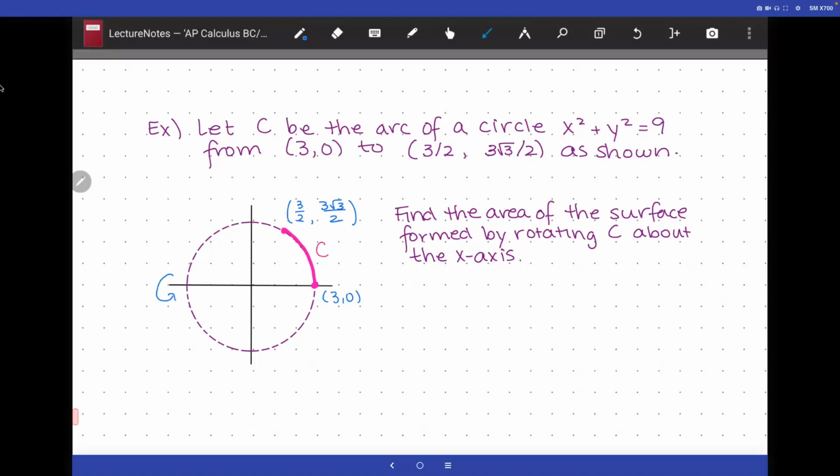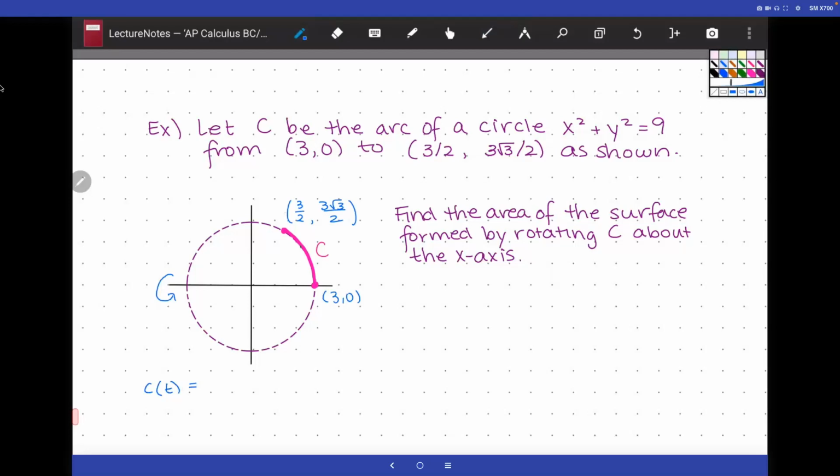Yeah, that's another problem, huh? We don't have parametric equations. How about we start off with that? Let's find parametric equations for this circle. So, do you remember? What's the radius of the circle? 3.